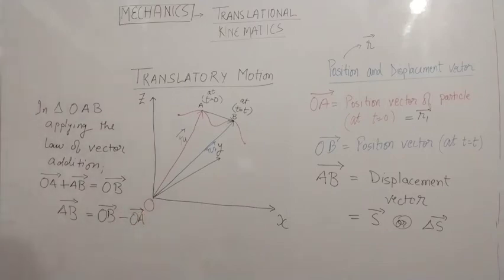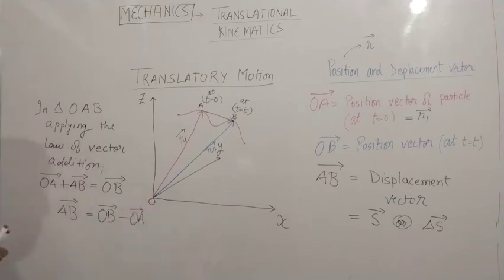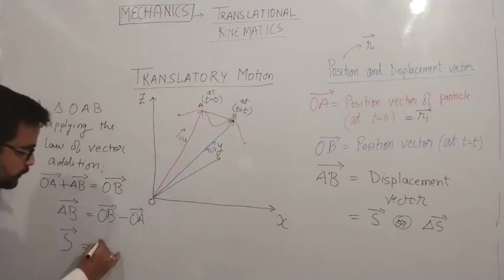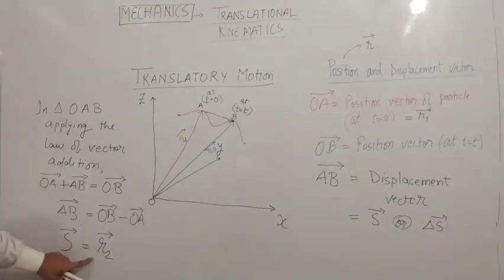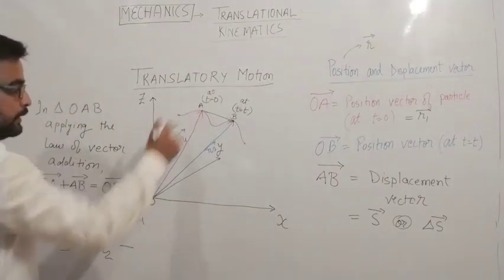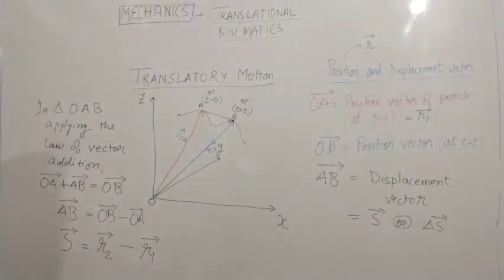Vector OB minus vector OA. This is your origin O. Now what is vector AB? Vector AB is nothing but the displacement vector. Vector OB is the position vector of the particle, the final position vector. And vector OA is the initial position vector of the particle within a given time t.